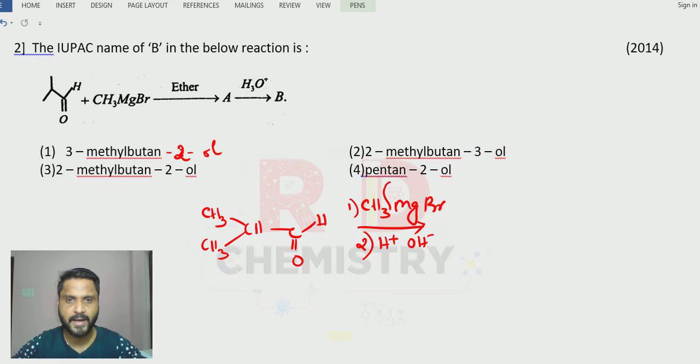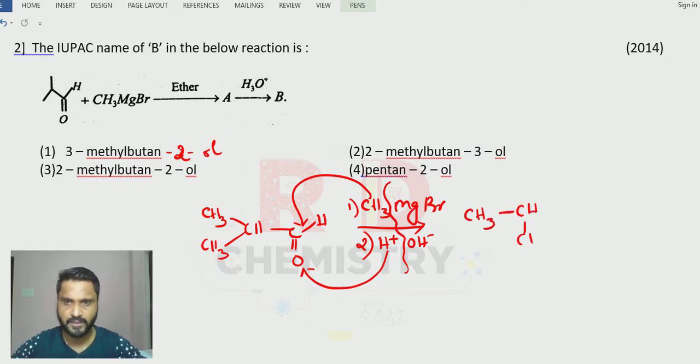So what I'll do, I'll add the first part in both the cases. Remember, carbon goes to carbon of the carbonyl carbon and H plus goes to the oxygen. So I'll be writing CH3, CH, CH3, CH, then CH3 and OH here, right?